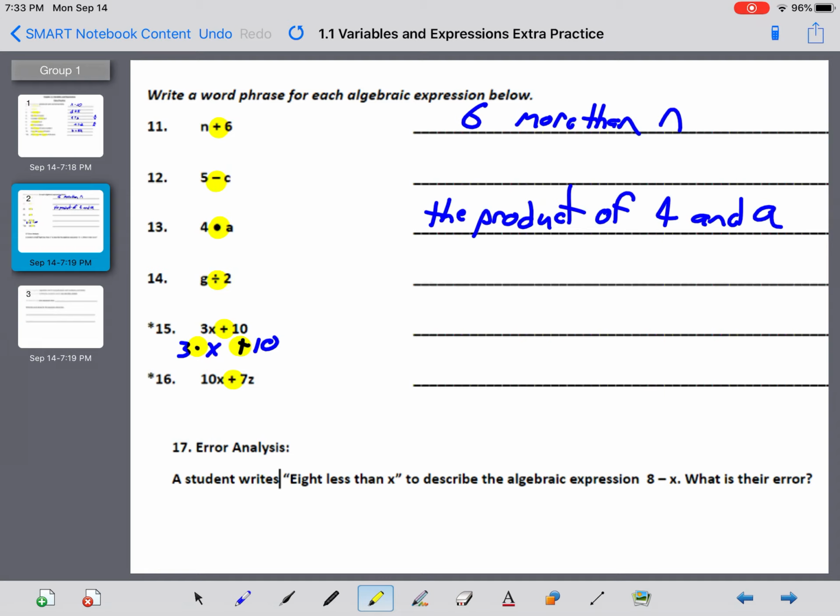So since there's a plus 10 on the back end of this expression, I'm going to start out with 10 more than the product of 3 and x.